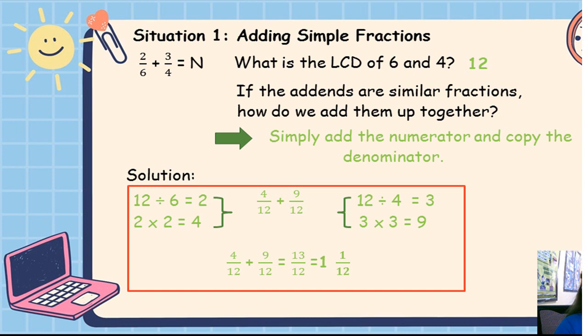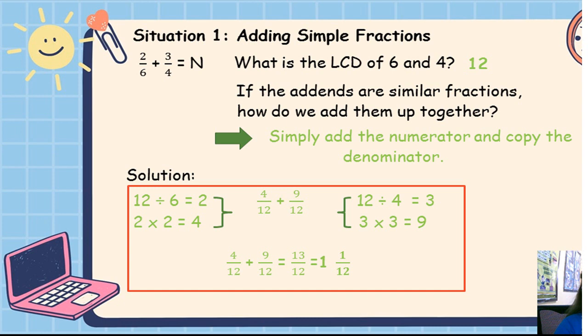Okay? So for the solution of this problem, we just need to divide first the LCD by the denominators. So we have 12 divided by 6. We divide it, the answer is 2. And then multiply the answer to the numerator. So we have 2 times 2, that is 4.